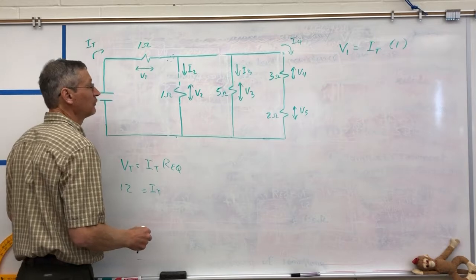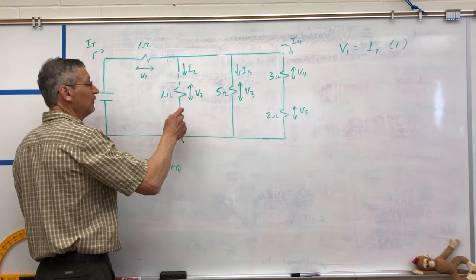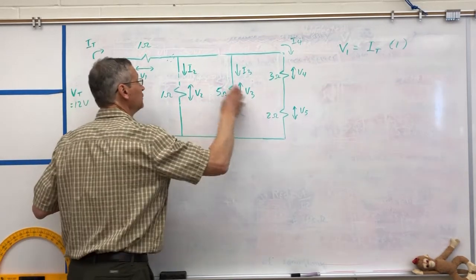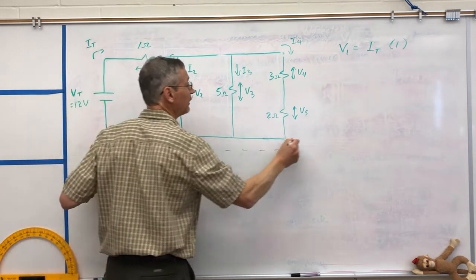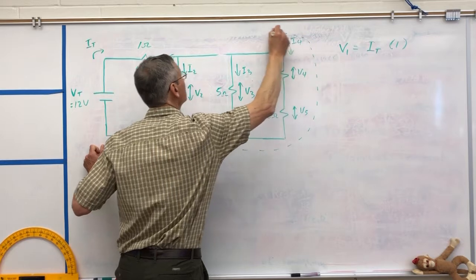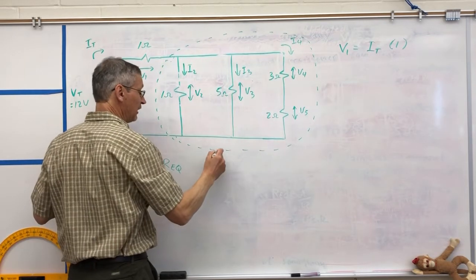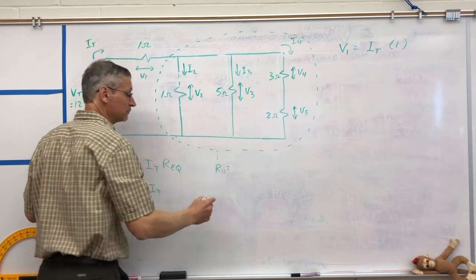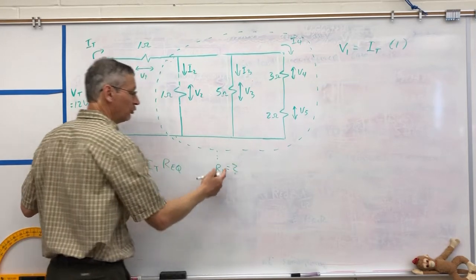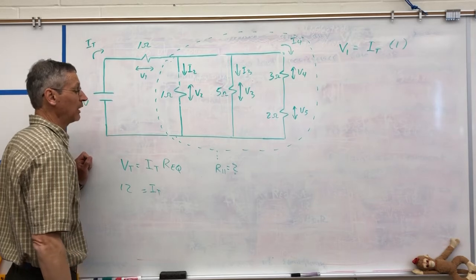Well, how about this? If we imagine these 3 parallel branches as one big resistance, as one big parallel mess. Don't know what that is at the moment, but that's okay.